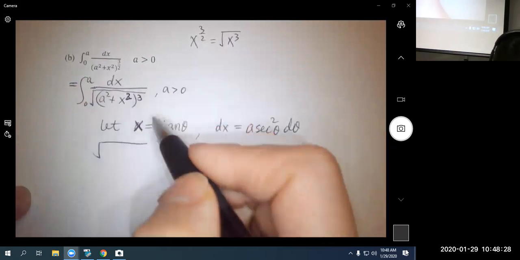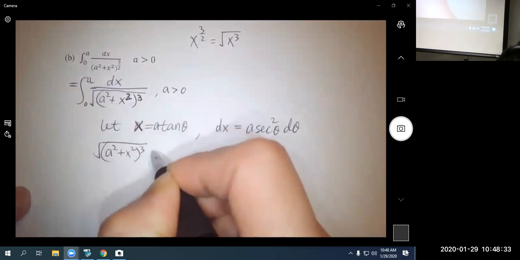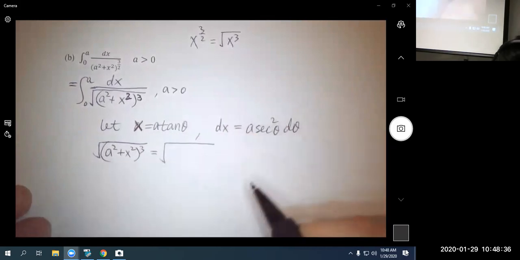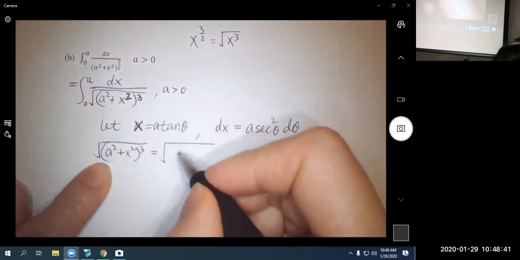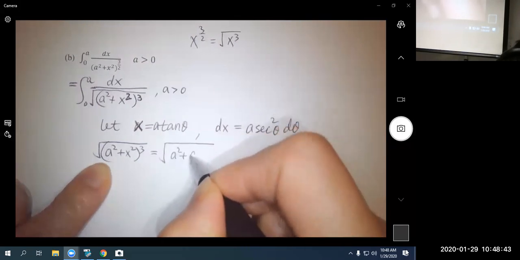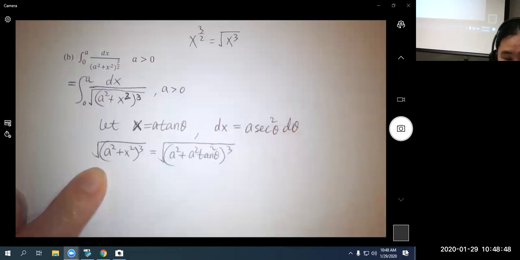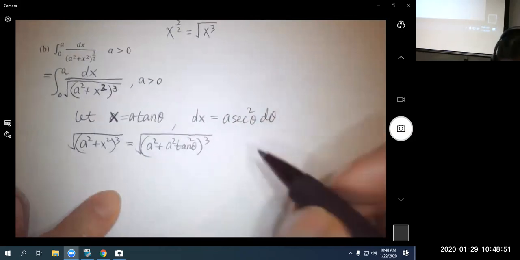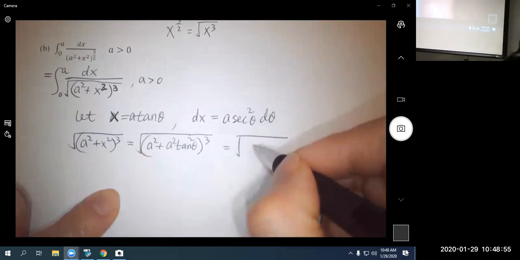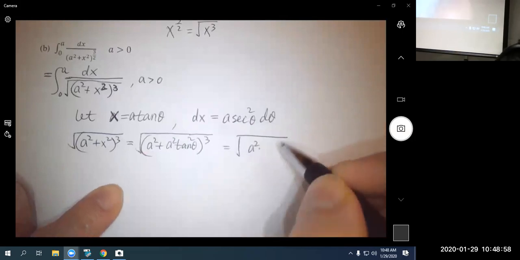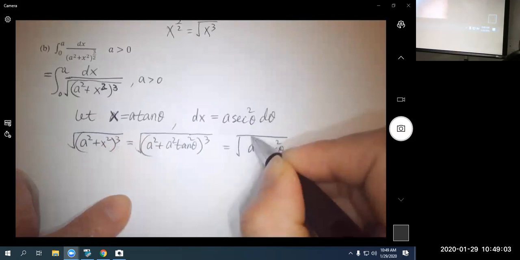You can do it directly or you can compute it separately. A squared plus x squared to the 3/2 becomes a squared tangent theta squared plus a squared, cubed. I'm going to write it here directly: a squared times 1 plus tangent theta squared, which is secant theta squared, then cube.